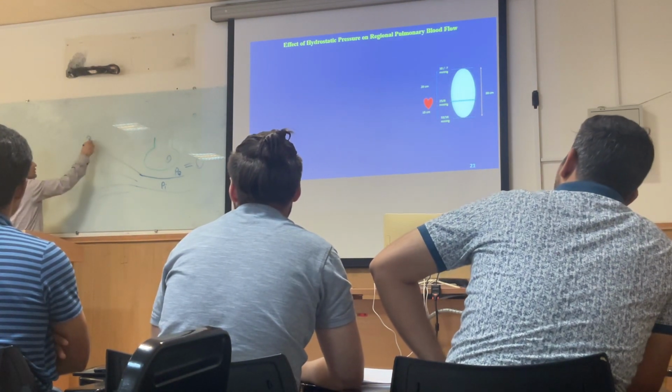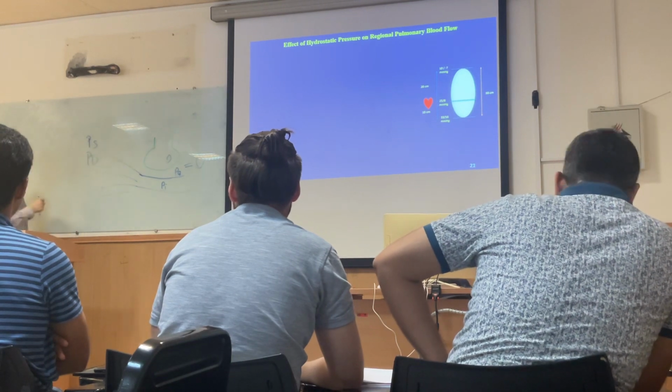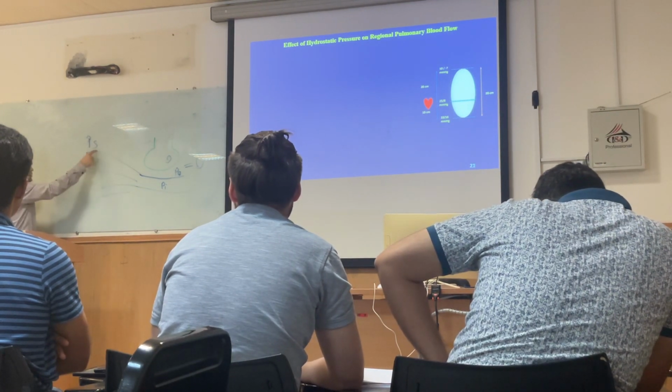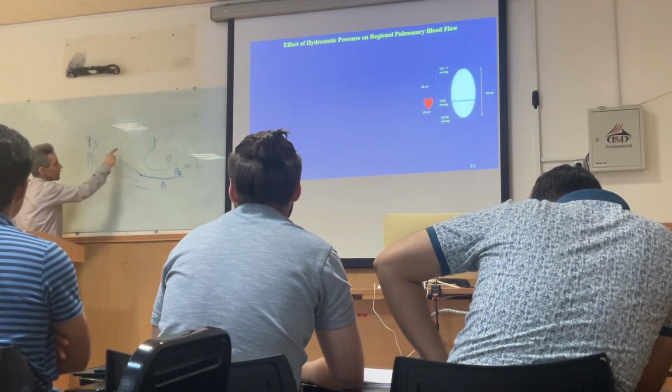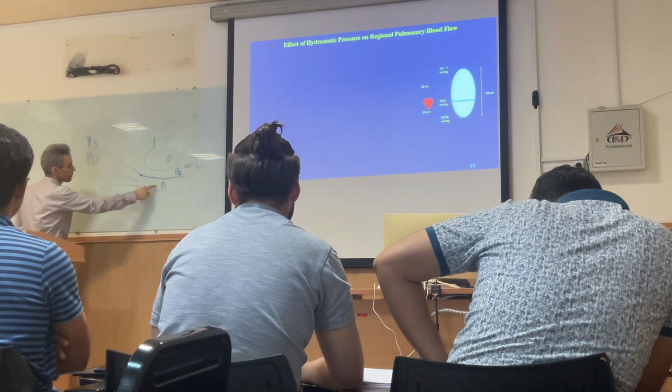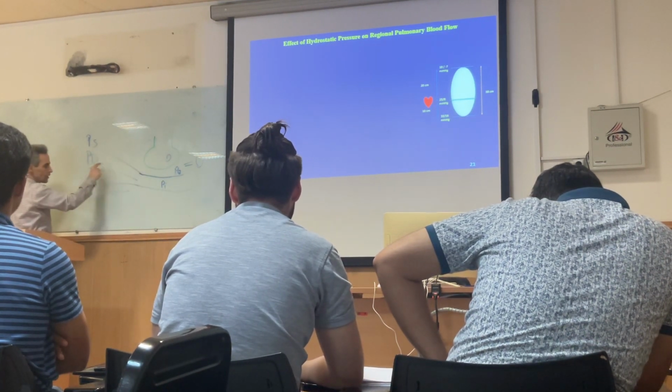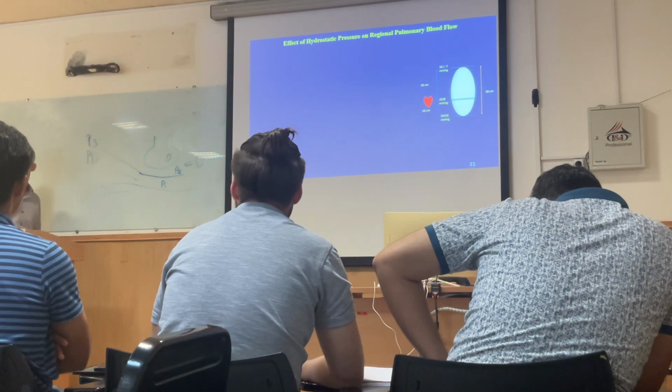Here we have systolic pressure and diastolic pressure. During systolic pressure, the internal pressure is very high. During diastole, it is very low.